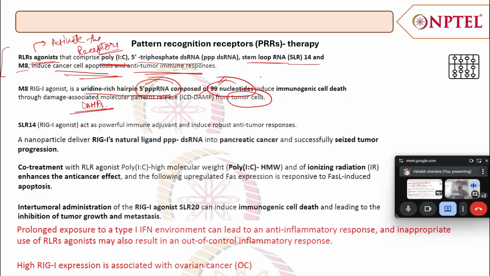Okay, so these tumor cells would have certain patterns that would make them pathogenic. Now after recognizing those particular DAMPs, if we give this M8 to the particular tumor, then it can easily activate Rig1, so that will lead to anti-tumor immunity.